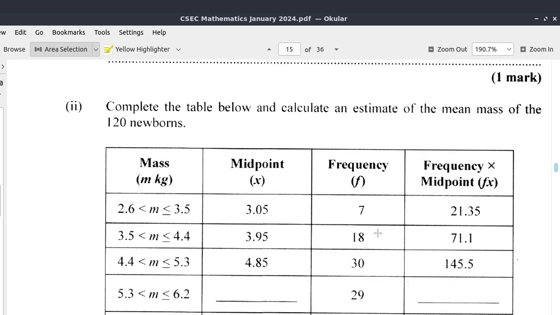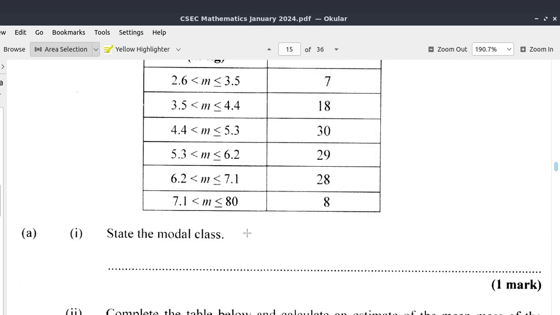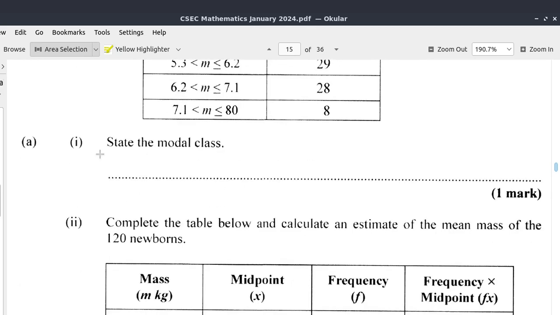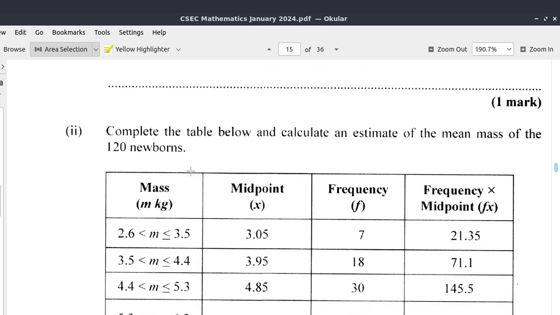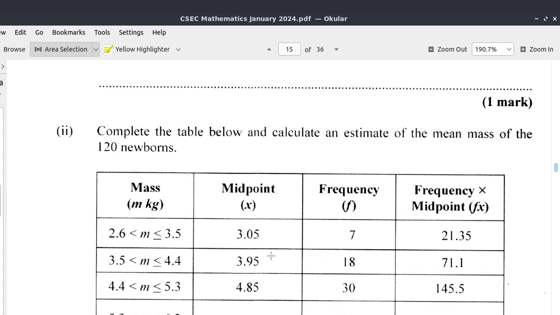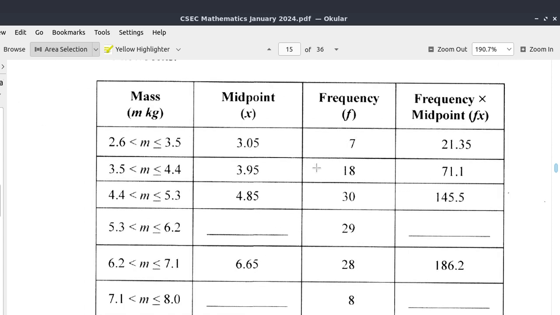Now, this is part A. Part A2 says to complete the table below and calculate an estimate of the mean of the 120 newborns. So here now, how did they get these values?